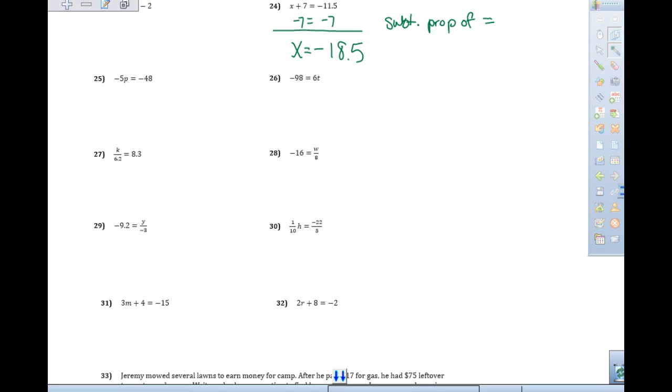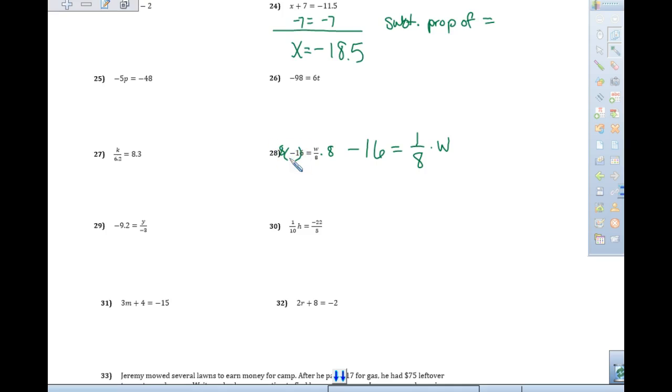This W over 8 could be written this way, right? You can leave it as W over 8, or you can think of it as 1/8 times W. Same thing, right? W divided by 8 is the same as 1/8 times W. So you might here use multiplication property of equality because you're going to multiply both sides by 8.